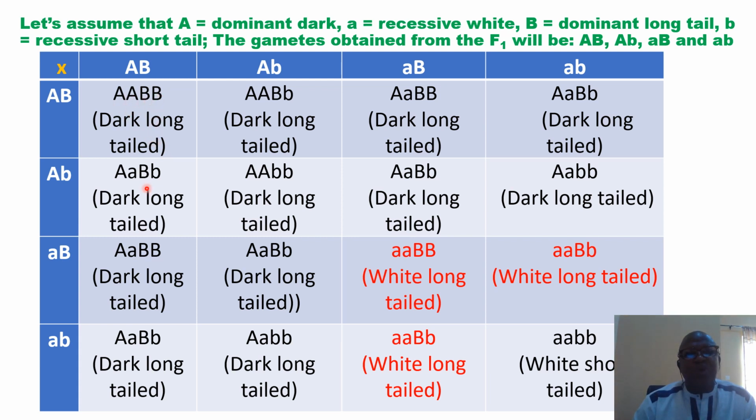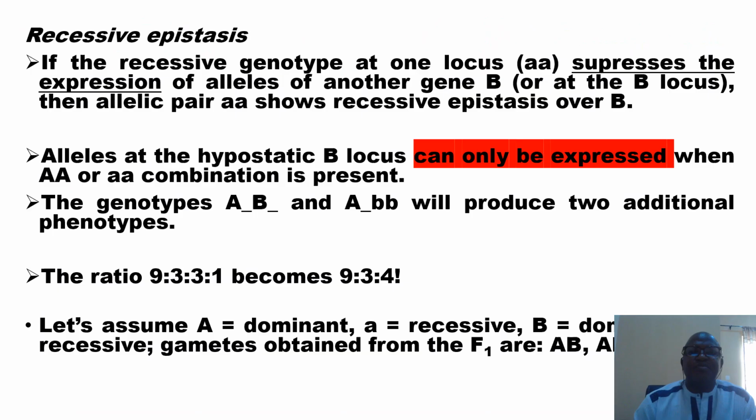So we end up having 1, 2, 3, 4, 5, 6, 7, 8, 9, 10, 11, 12 that are dark and are having long tail. And then we have this 1, 2, 3 that are white and long tailed. And then we have this which is white and short tailed. So the ratio is 12:3:1.